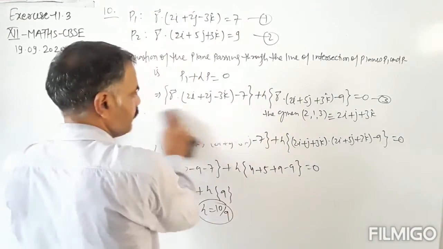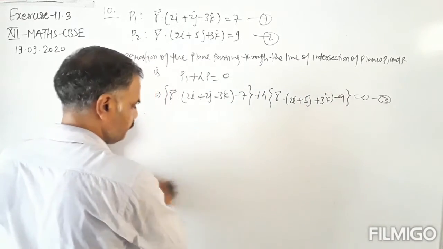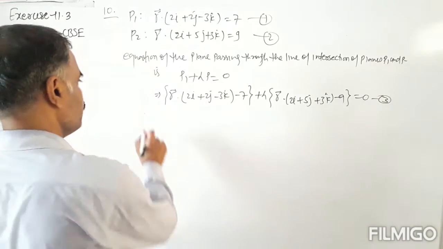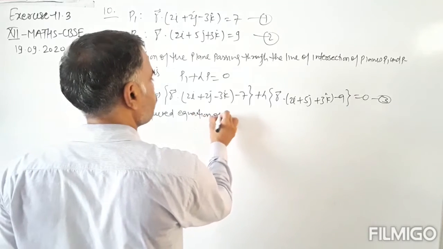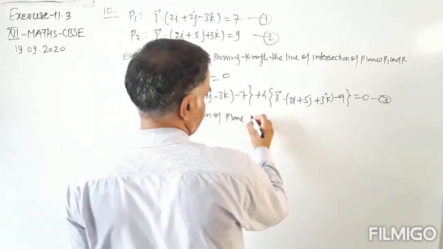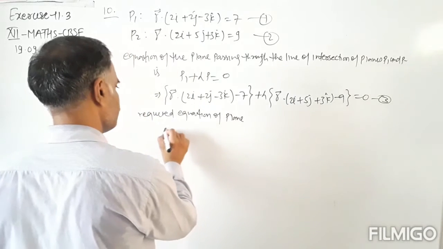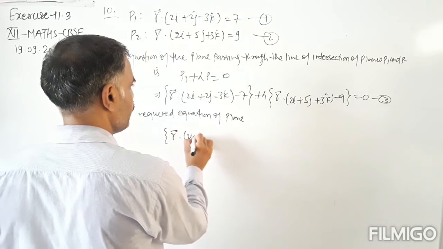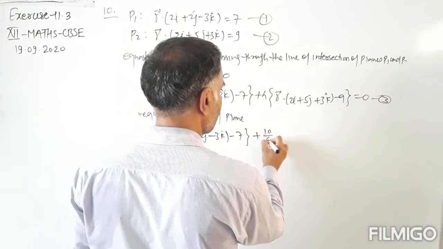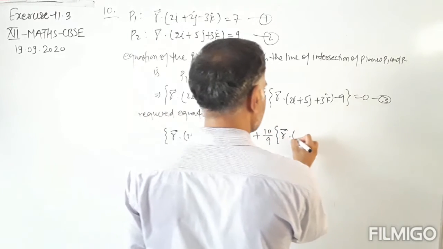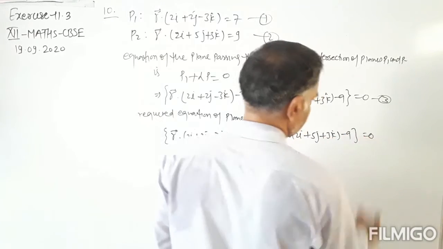So the required equation of the plane, after putting lambda equals 10 by 9, is r vector dot (2i cap plus 2j cap minus 3k cap) minus 7, plus 10 upon 9 [r vector dot (2i cap plus 5j cap plus 3k cap) minus 9] equals 0.